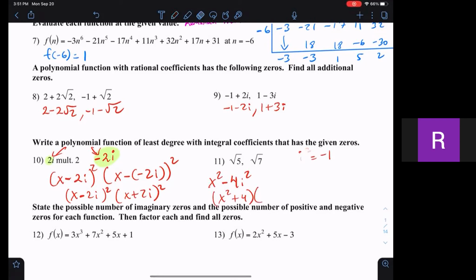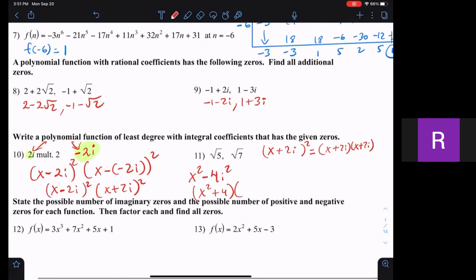So we can do FOIL here because we don't have a formula for that. x plus 2i squared equals x plus 2i, x plus 2i. Let me do this thing properly.